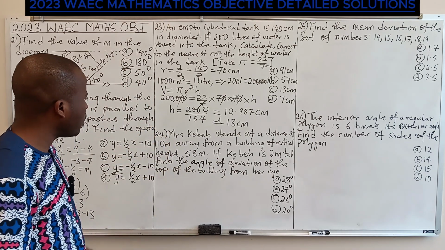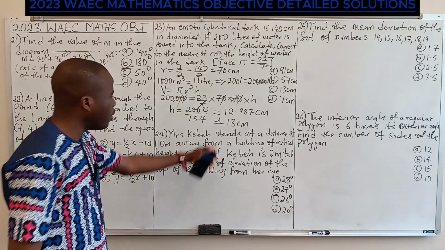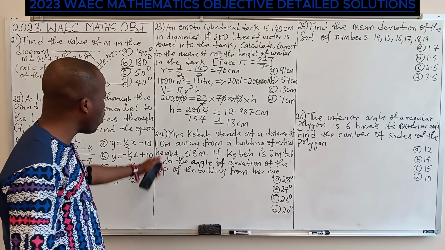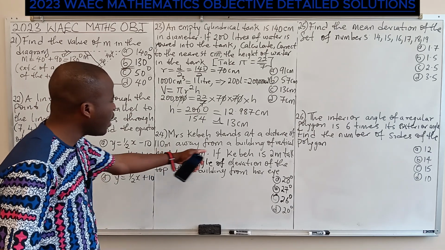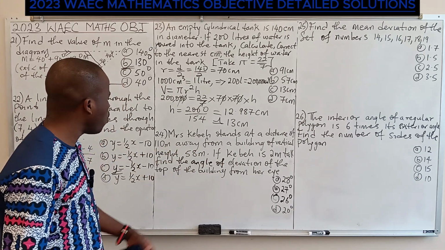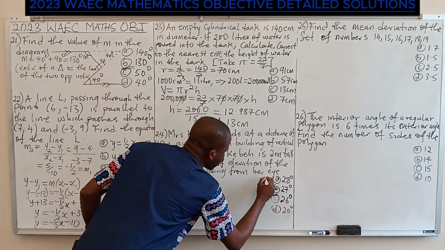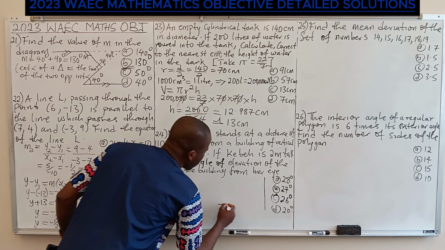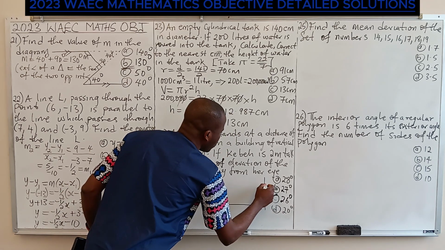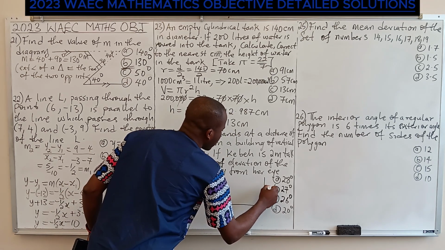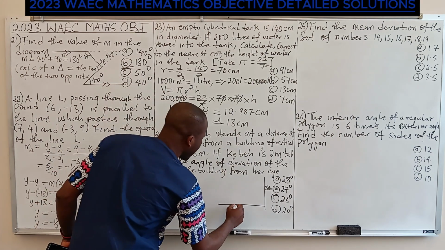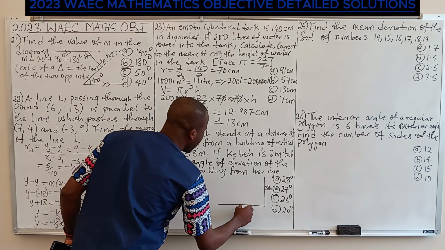Question 24 says, Mrs. Kebe stands at a distance of 110 meters away from a building of vertical height 58 meters. So let's sketch the building. So this is 58 meters tall, and she stands 110 meters away from it.